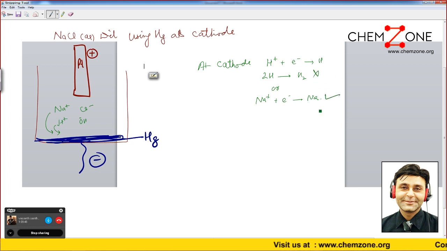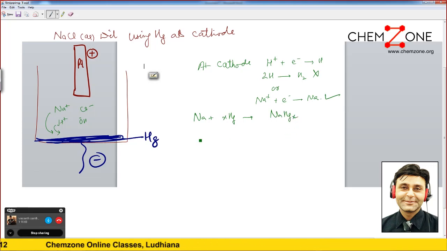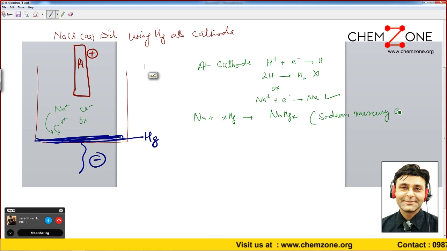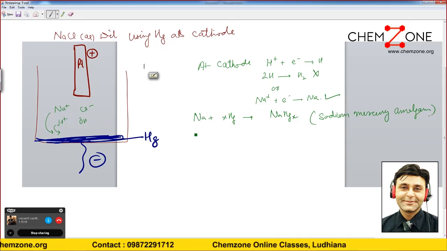It is sodium that gets reduced, because the sodium gets dissolved in mercury and forms NaHgx. Sodium mercury amalgam is formed.